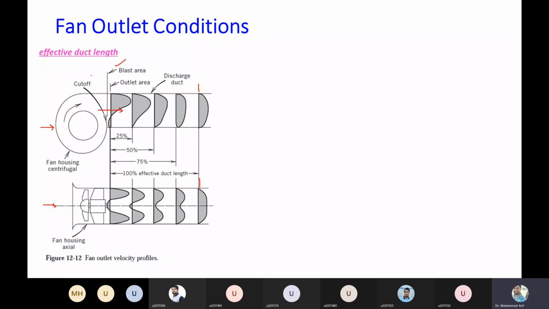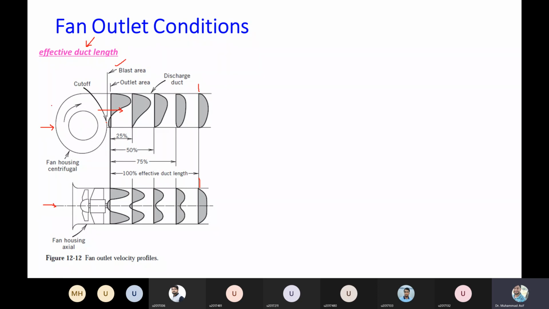That length is called the effective duct length. The duct can be circular, square or rectangular, but any duct has a certain length after which the flow becomes uniform.